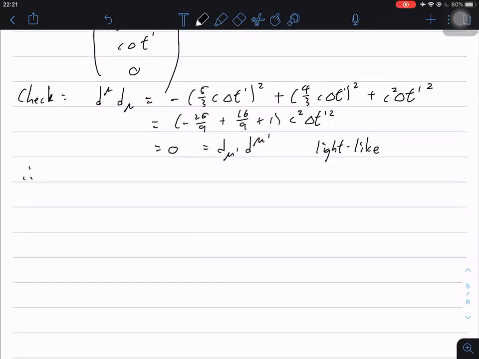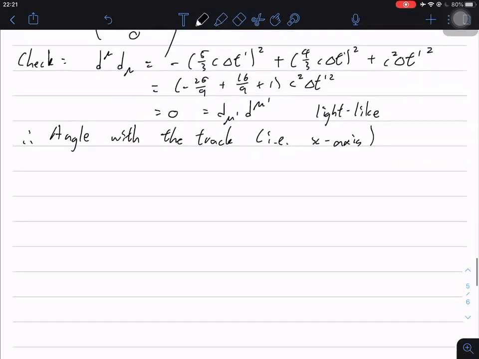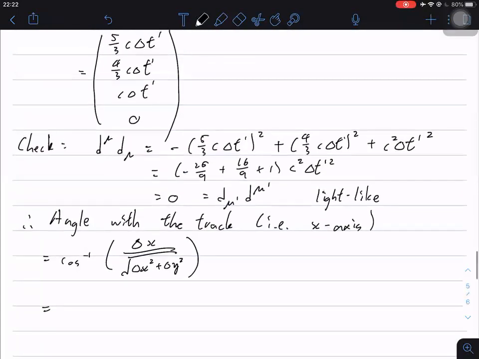Therefore, we have to find the angle with the x-axis, which is basically arc cosine of delta x over the square root of delta x squared plus delta y squared. From the results above, this is delta x, this is delta y.